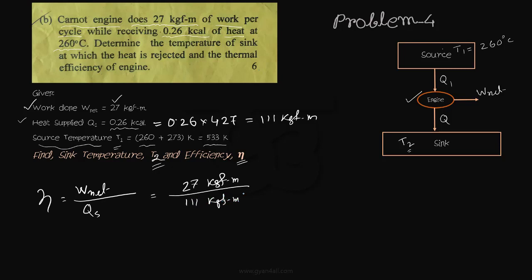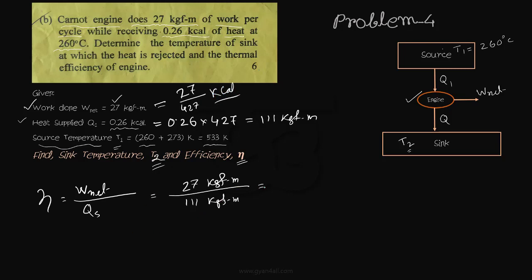We can convert both to kilocalorie also. 27 kg force meter, we can convert it by dividing 27 by 427, then we will get it in kilocalorie. So this is equal to 27 divided by 427 kilocalorie.